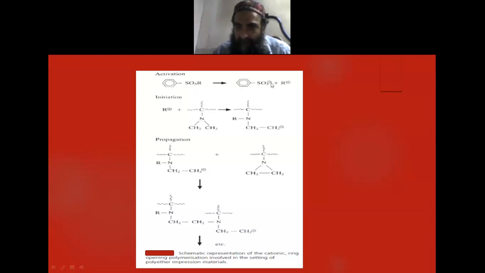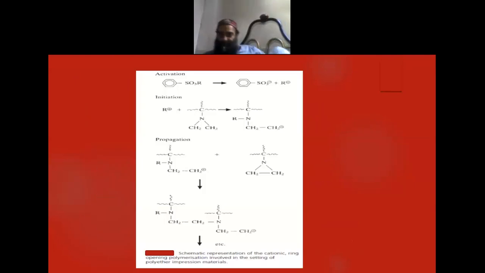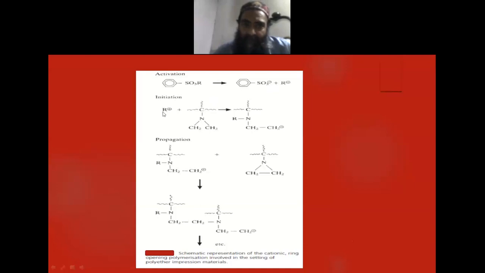Which we can see the addition polymerization reaction, and they become the positive and negative charged particles. This is the reactive agent, and initiation starts, then propagation.